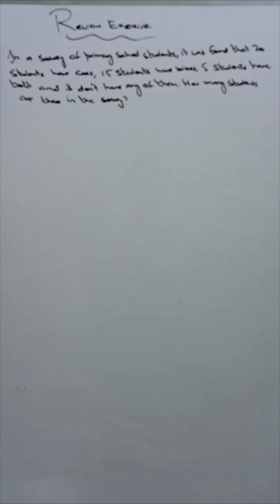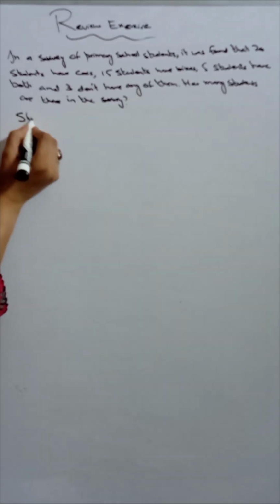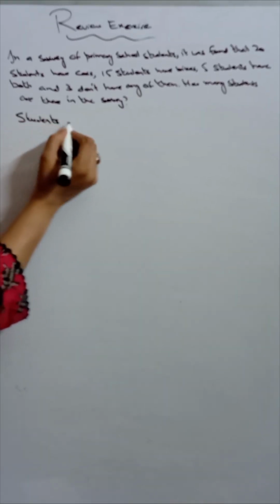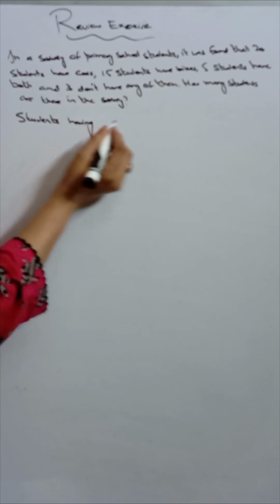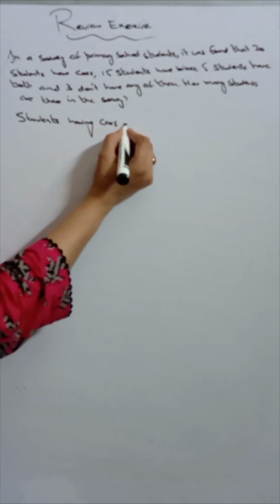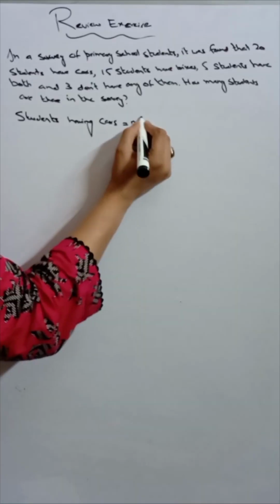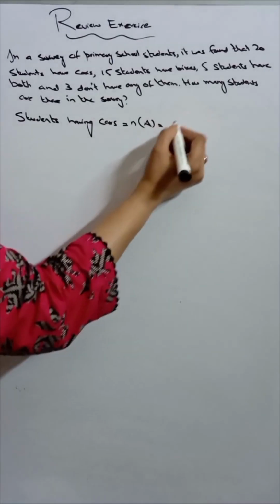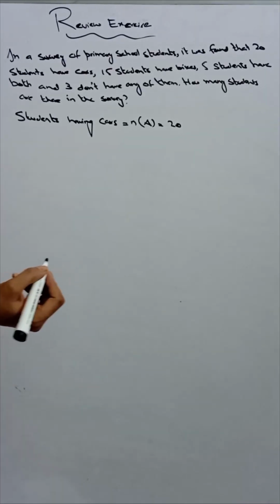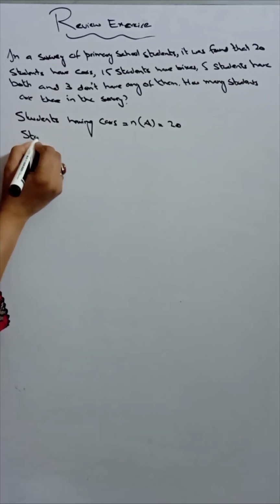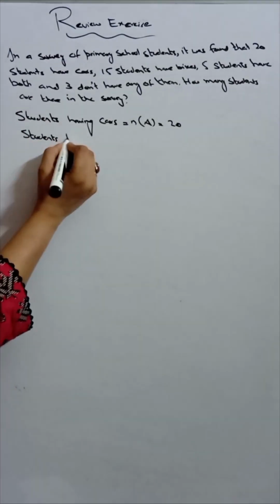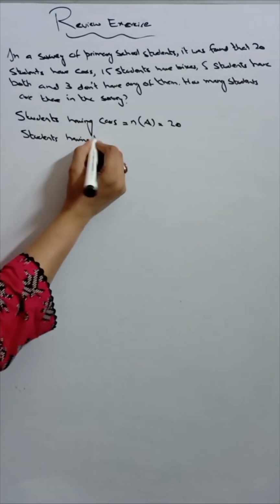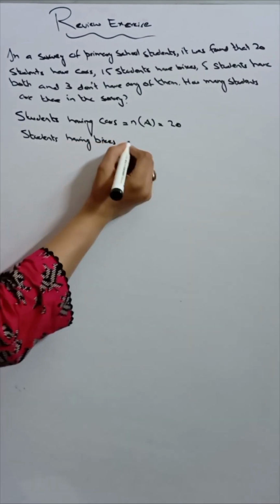So you can say that solution: students having cars. You can denote this by symbol n(A), number of A, that is 20. All right. Now, students having bikes.